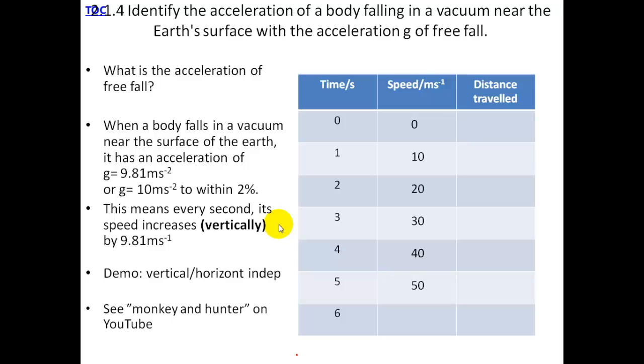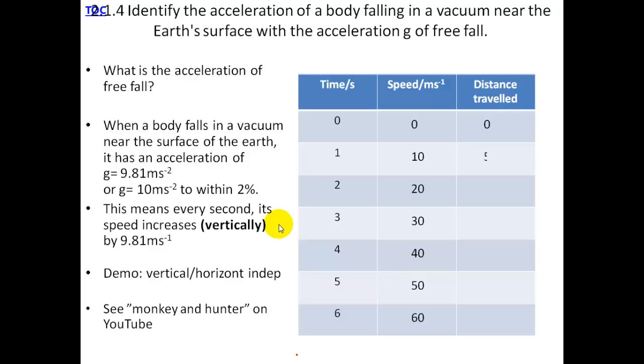But then we have to think about what is the distance travelled. This is going to go up very rapidly because not only is the speed going up, it means that it's going to be covering more distance, so the total distance will be very much greater. So to start with, it's 0.